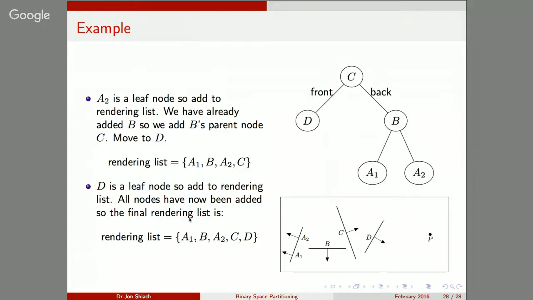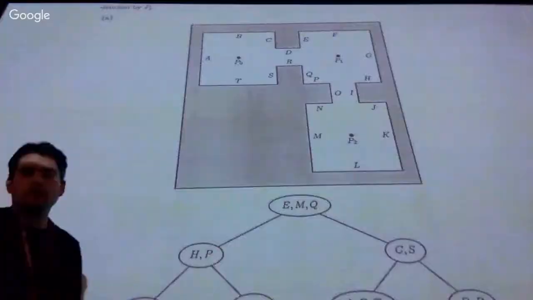Right, if you turn over onto page 3 of your activity, I've created a BSP tree for you for each of those levels. For each of these levels, I want you to determine the rendering list.